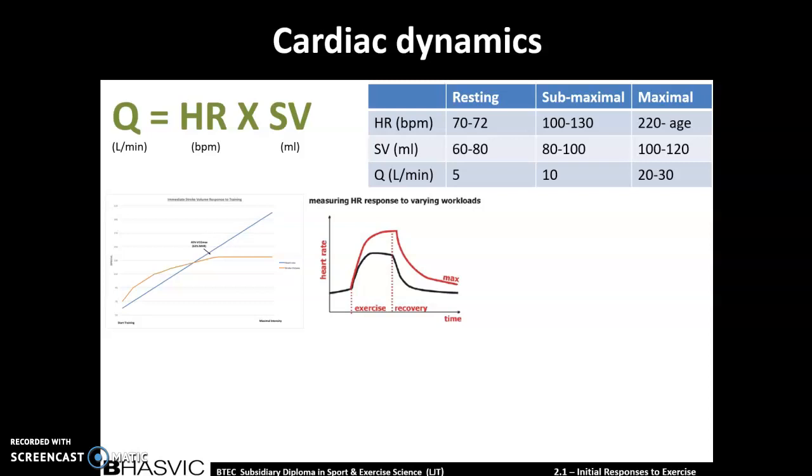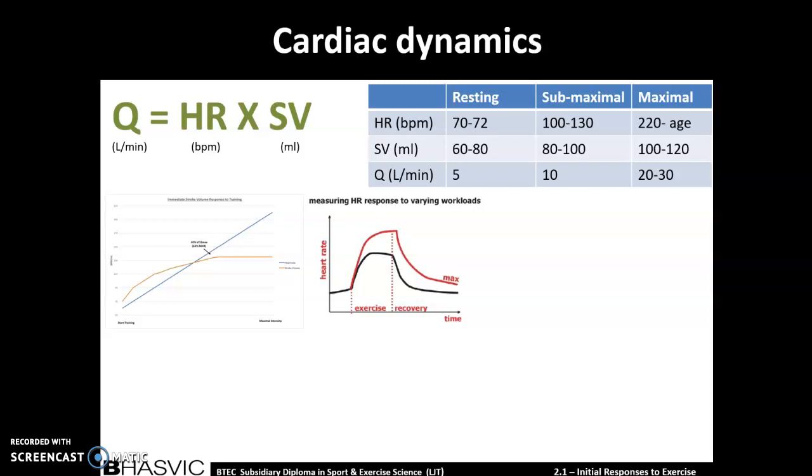This is because stroke volume is the volume of blood that's ejected out of the left ventricle per contraction. And heart rate is the number of times the heart goes through the cardiac cycle per minute. So as intensity increases, that means both heart rate and stroke volume are trying to increase as well.